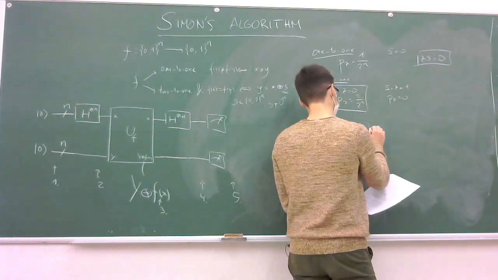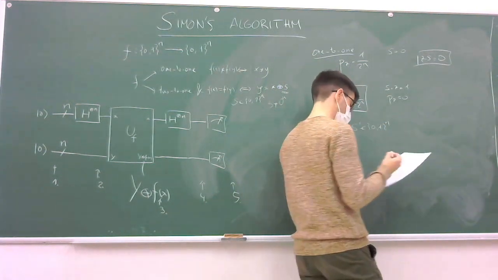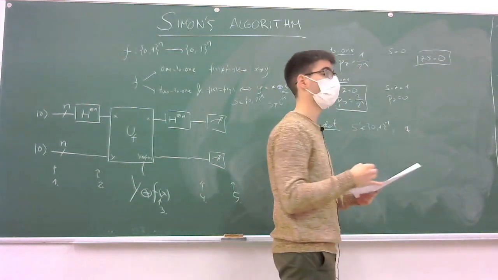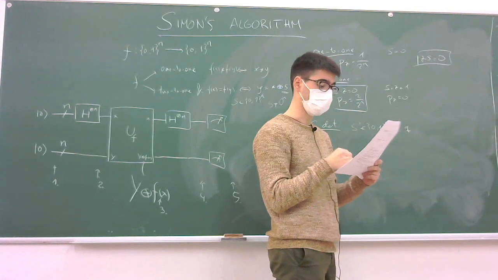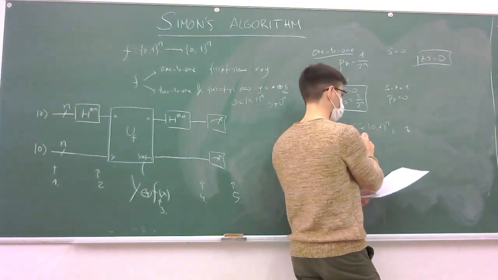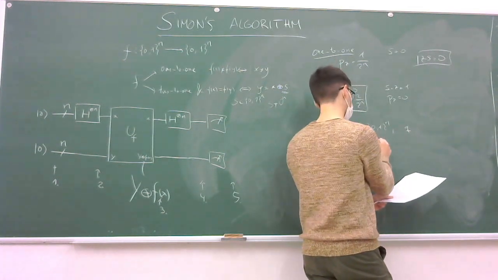You need to try every possible S prime with many inputs, Q, in order to discard that S is equal to 0. Okay? So checking different S primes scales with 2 to the n.